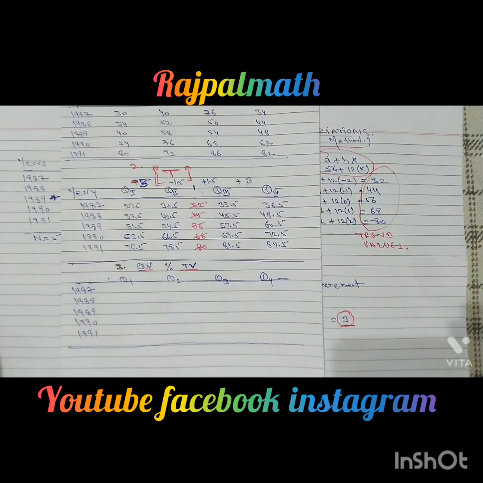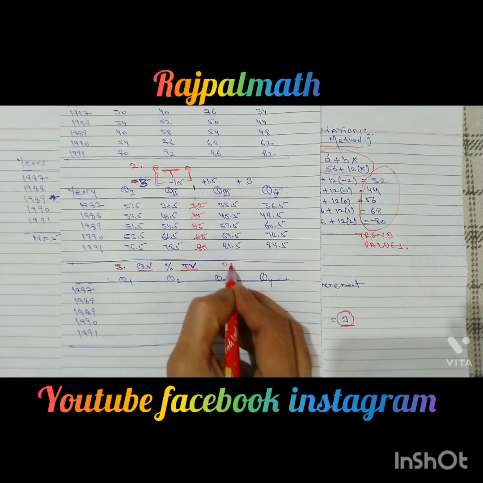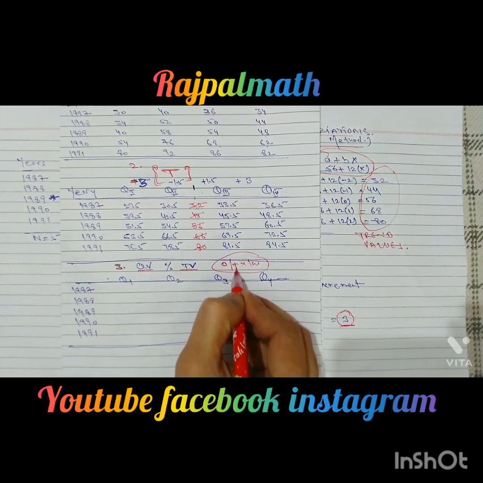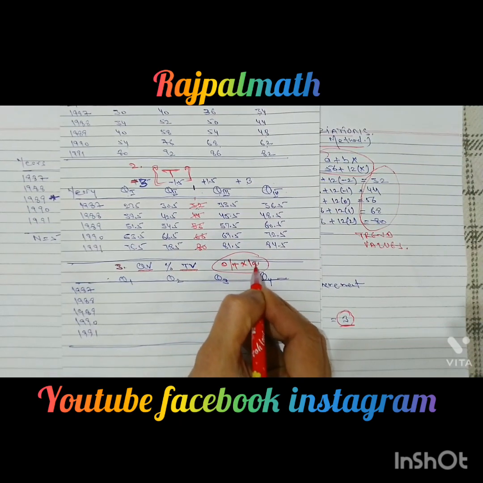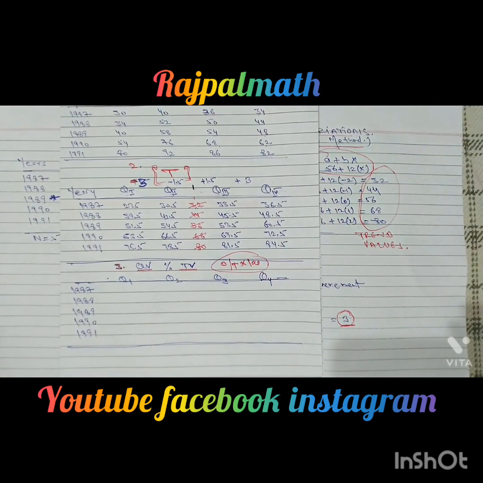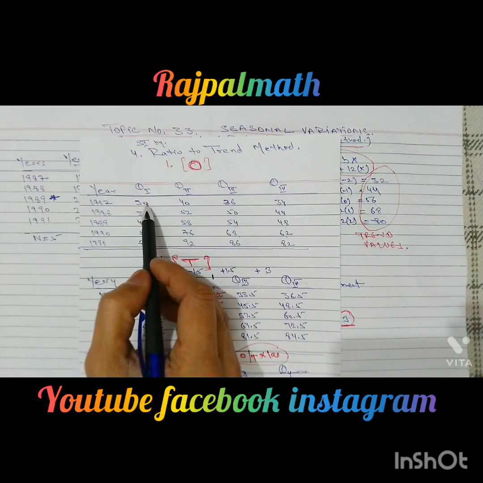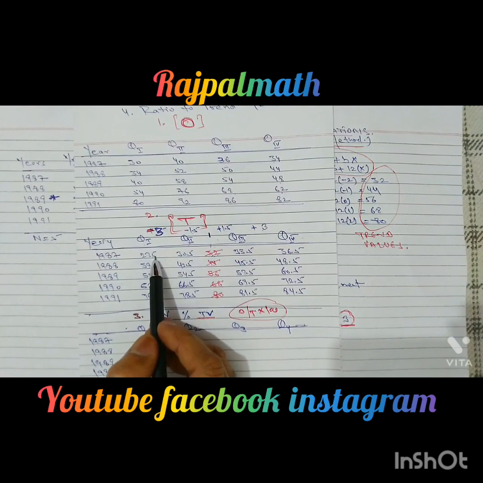This is also called the O by T table: O divided by T into 100. The O value for the first quarter is 30, and the T value is 27.5.